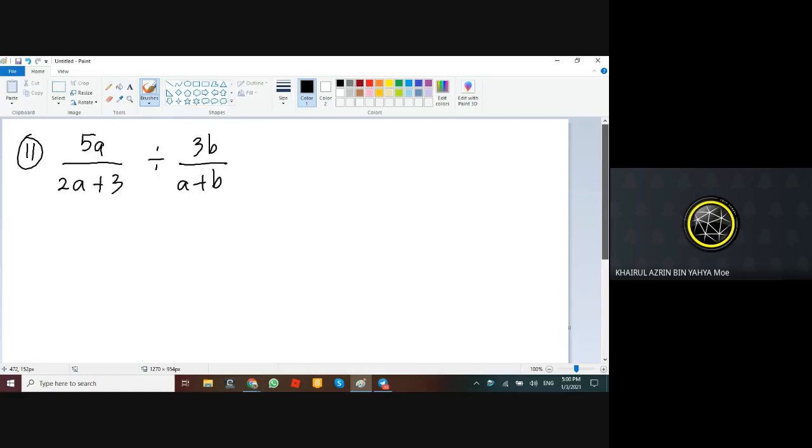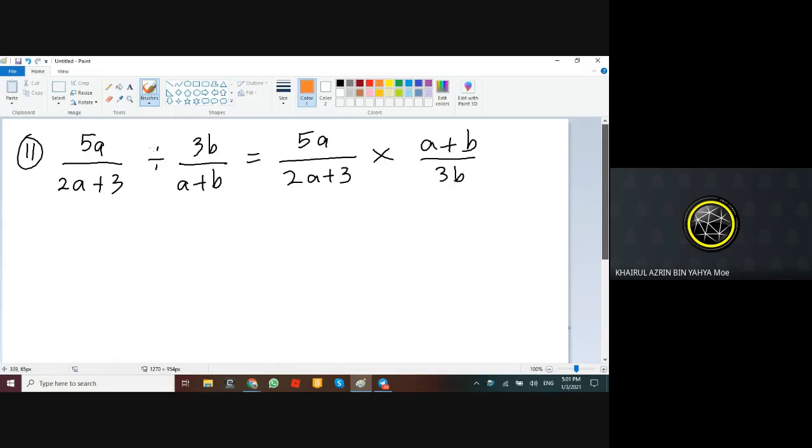Okay, so for this one, right here, we write back 5a over 2a plus 3. Okay, divide, you change to multiplication. Divide, change to multiplication. So now, a plus b over 3b.